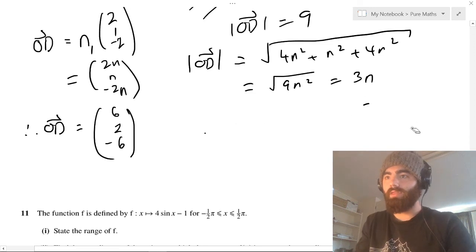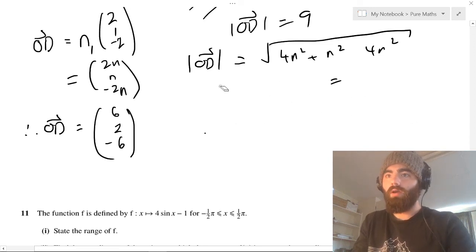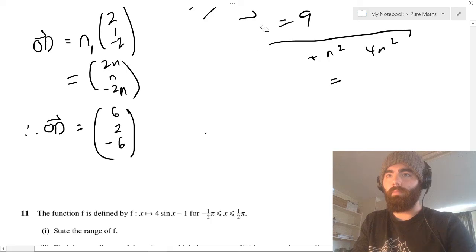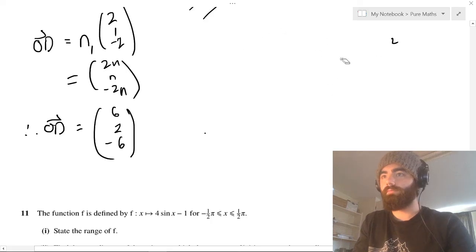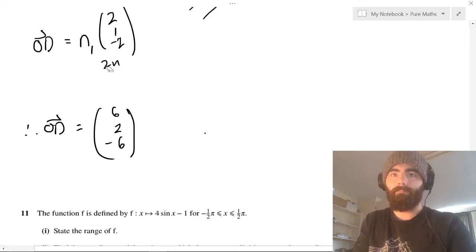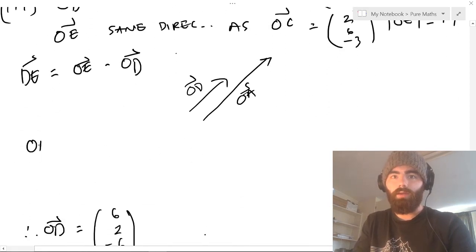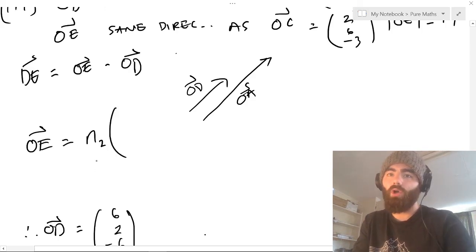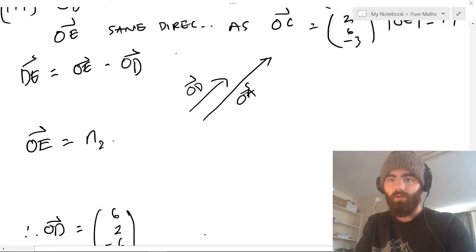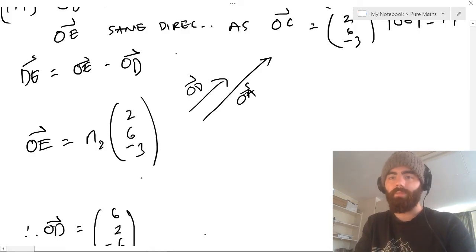So we found our OD, and then we can do the same thing for OE. Well, OE is just going to equal some constant, we'll call it n2, times the direction of OC, and our OC is just this, 2, 6, minus 3.